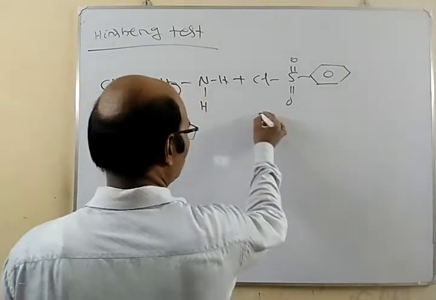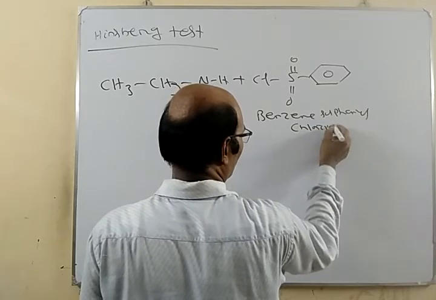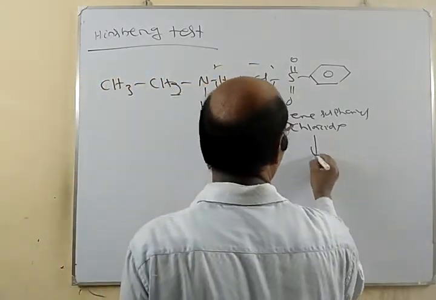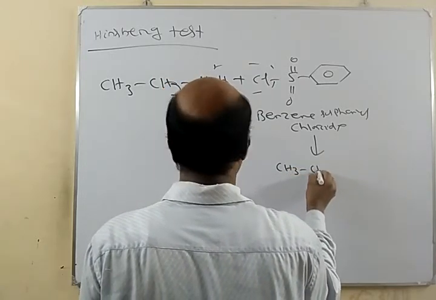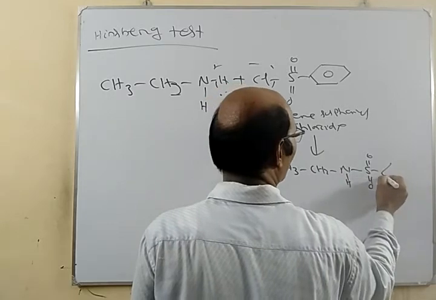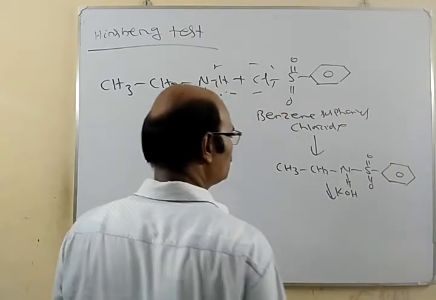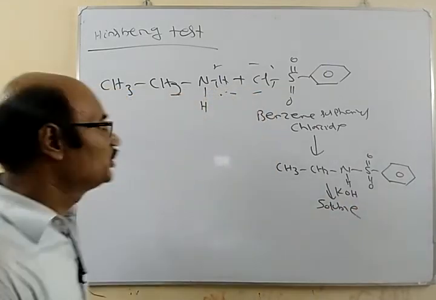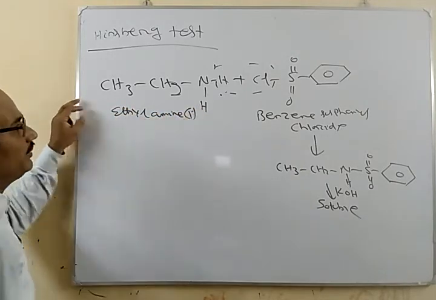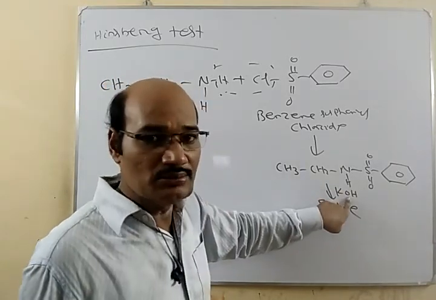Benzene sulfonyl chloride is called the Hinsberg reagent. We get CH3CH2NH-SO2-C6H5, and when you add KOH, it is soluble. So the primary amine, ethyl amine, with benzene sulfonyl chloride gives this product, which on treatment with alkali becomes soluble.